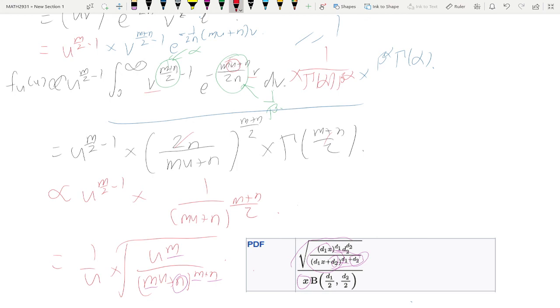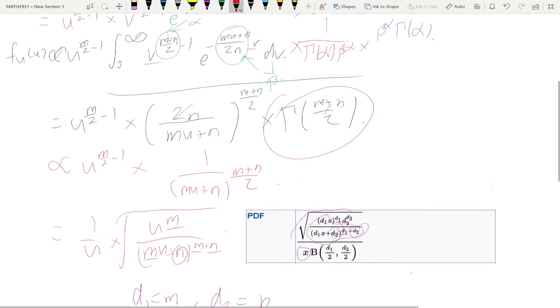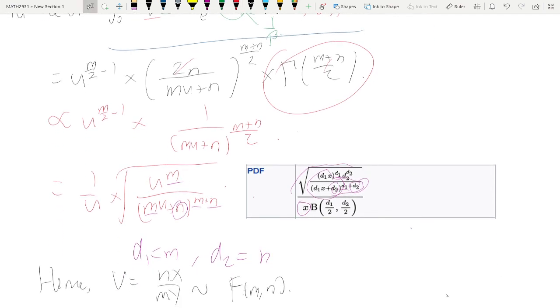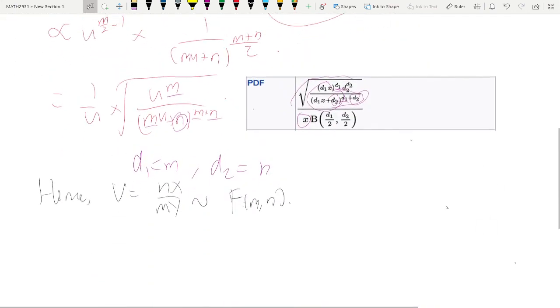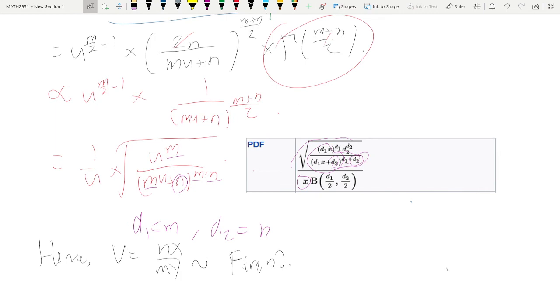As you can see here, this contains u, so you still include it, whereas this gamma shenanigans over here doesn't depend on u, so you can just remove it again. At the end, you just look at it and go, oh yeah, this looks like something else, and you're good to go. So that's how you do this question, basically. You just recognize that form.